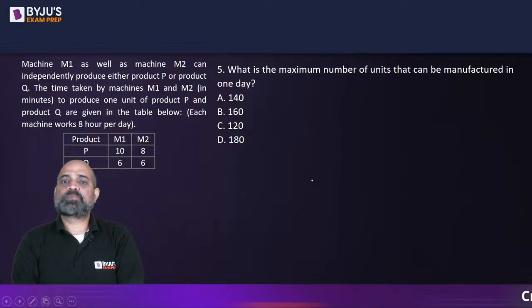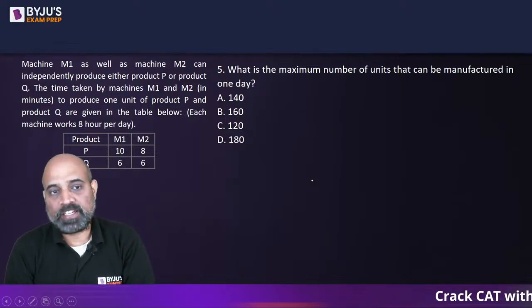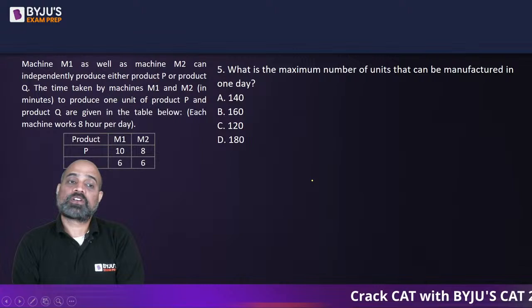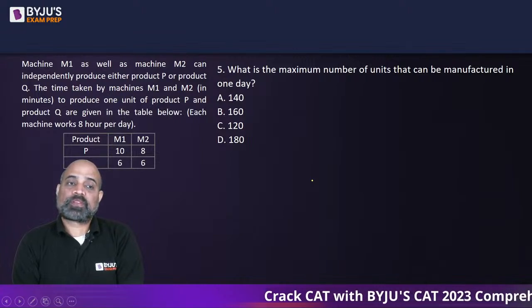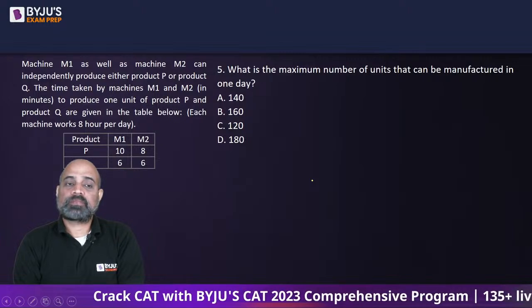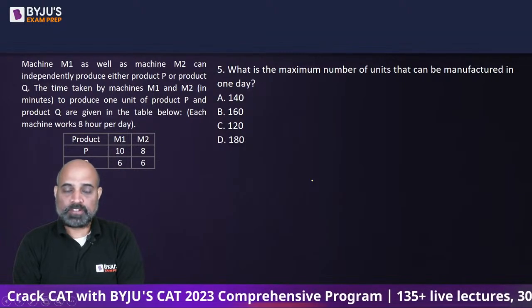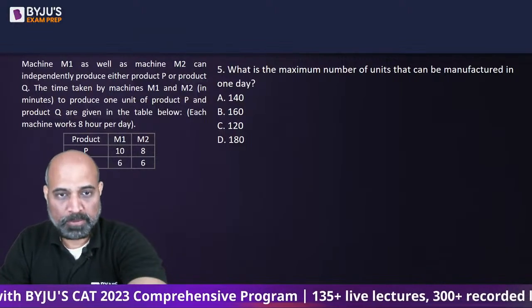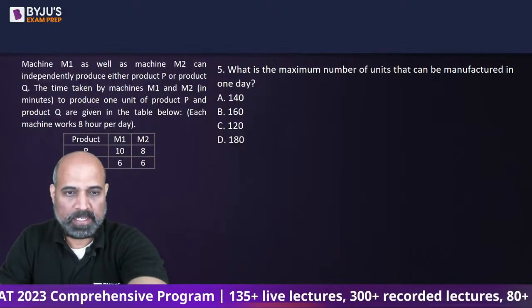What is the maximum number of units that can be manufactured in one day? So if we look at the duration, पर आपको दिख रहा है ये वाला टेबल? नहीं दिख रहा है.